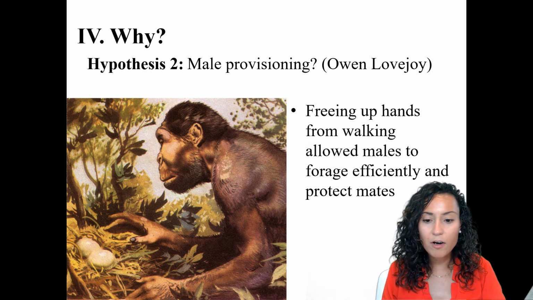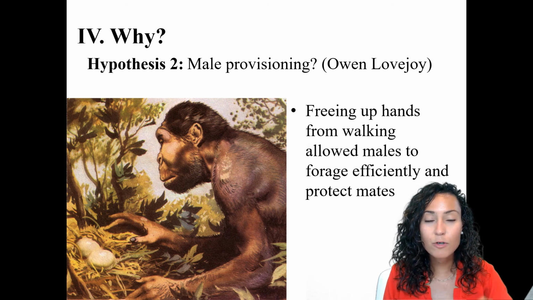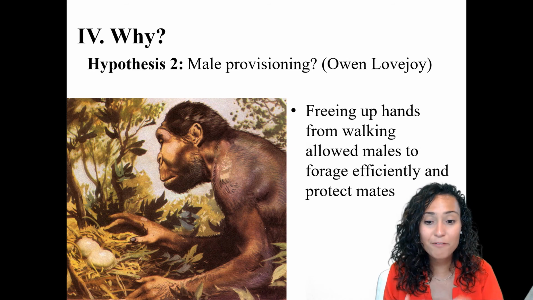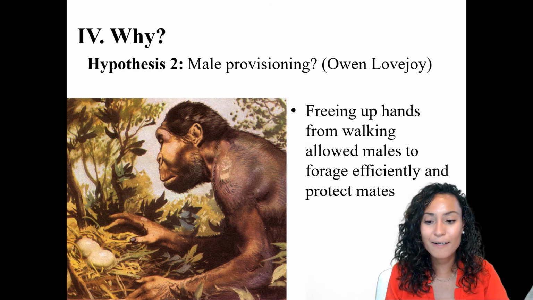Lovejoy went on to argue that female primates would have selected for male mates who could help them provide the love, care, and food that these very precious offspring would need.